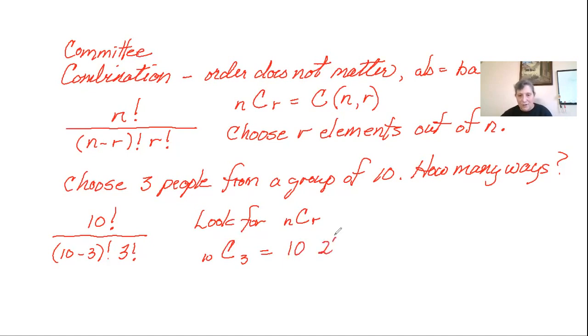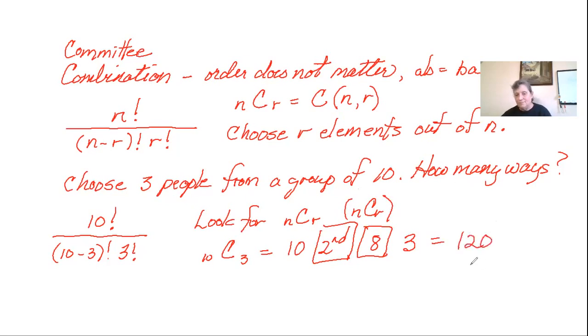I would personally, on my calculator, hit the second function and then the 8, which is the nCr button, like using the shift. Then I would hit the 3 and then equals. And it immediately spits out 120.